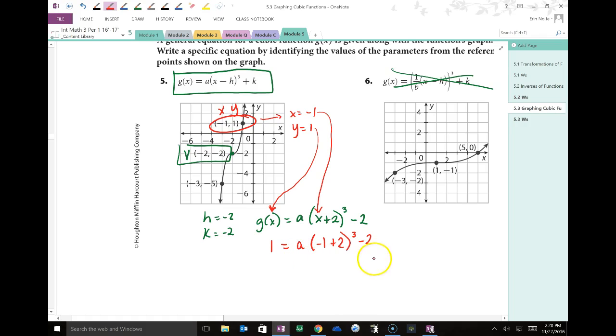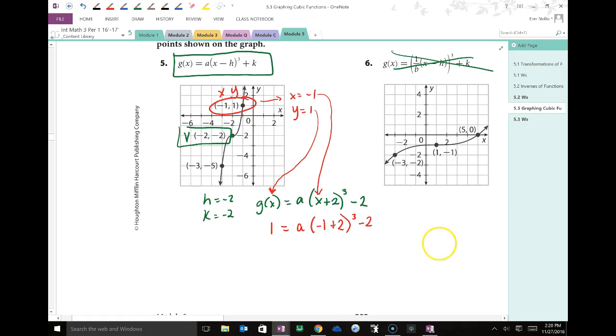Now I have an equation I can solve for a. My first step is to get rid of anything that's added or subtracted, so I add 2. 1 plus 2 is 3. Next I simplify the parentheses that has been cubed: -1 plus 2 is 1, and 1 to the third power is 1.